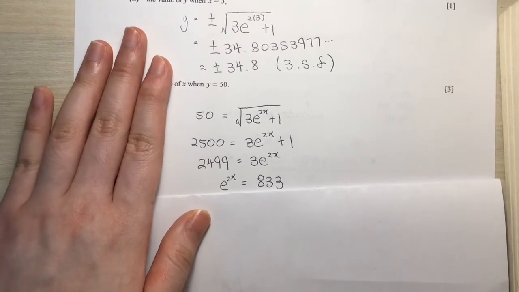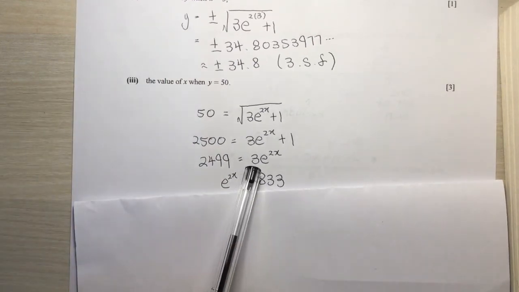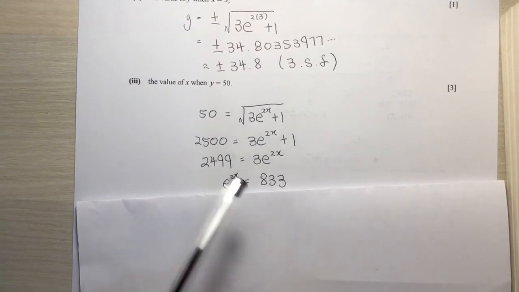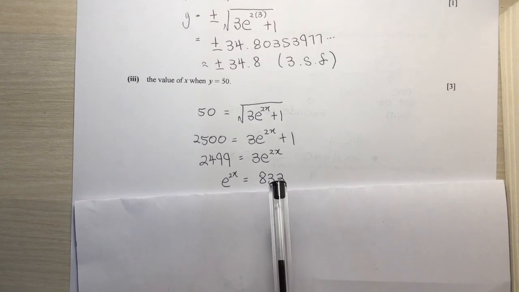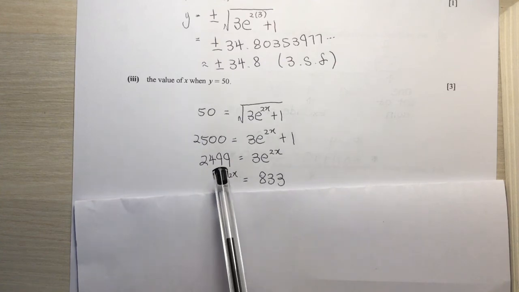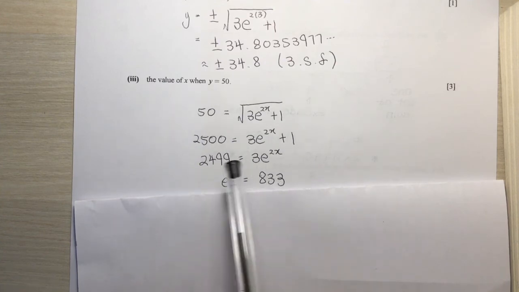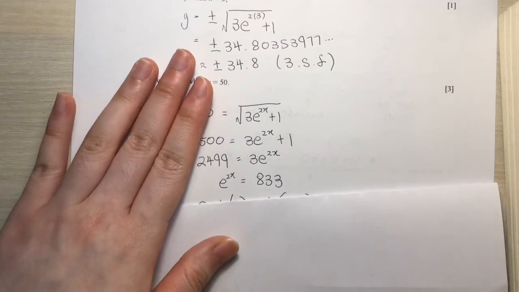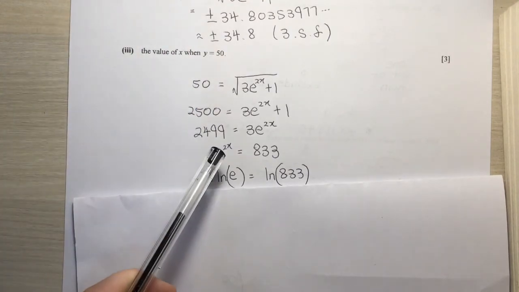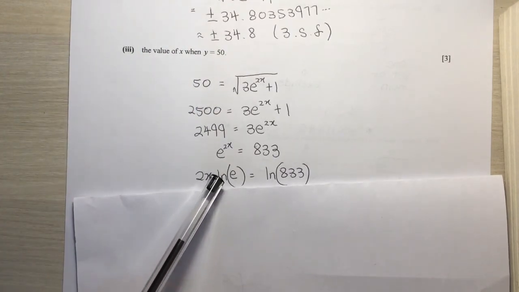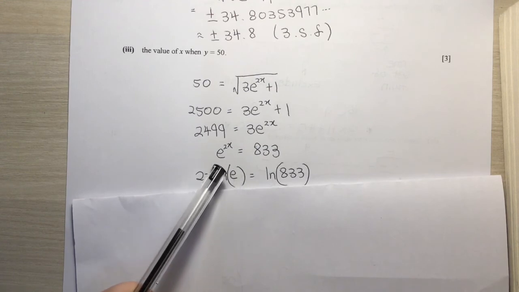And again, we proceed to get rid of the 3 here. So I got 833 when I divide this 2499 by 3. You may press your calculator to obtain this answer. To get rid of the e here, you may always use ln, because ln e will give us 1.